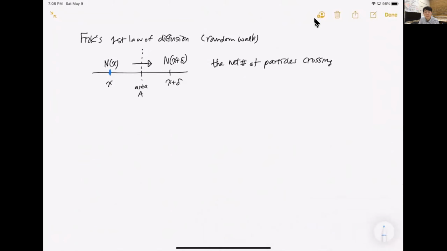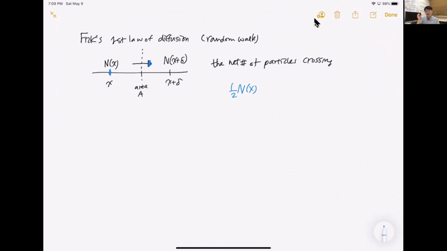X, because it's random, a particle can move in either the plus X direction or the minus X direction in the next step. So the probability is half, but we are interested in crossing this area. So that will be positive: n sub X, but with probability half.